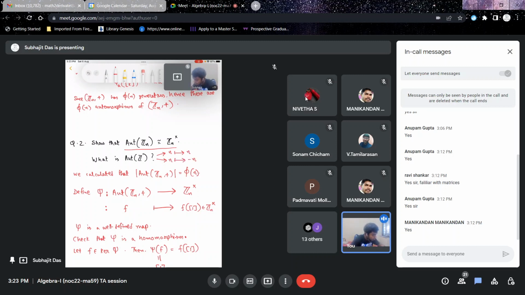So there are exactly two automorphisms of the infinite cyclic group Z. And since there are two automorphisms, the group Aut Z of all automorphisms of Z has order 2, right? And you know there is only one group of order 2, which is Z2. So the group is Z2.